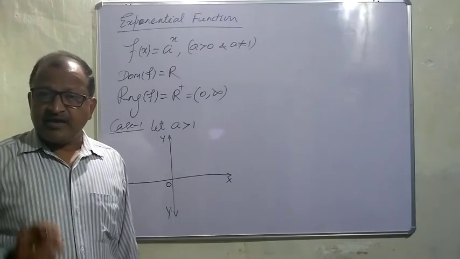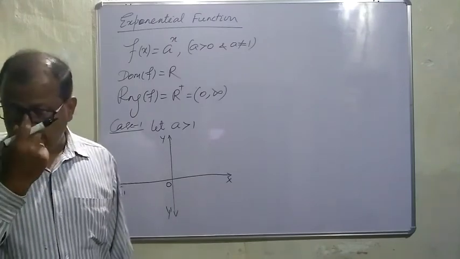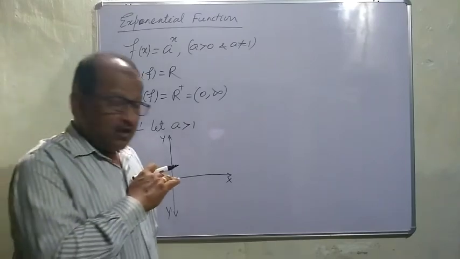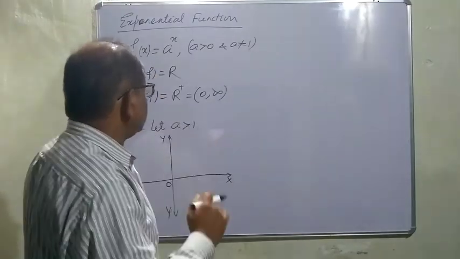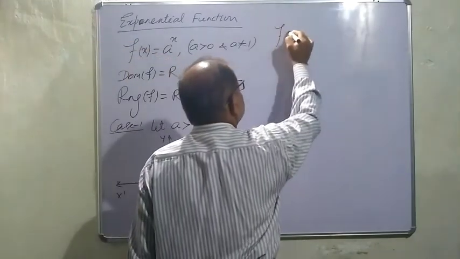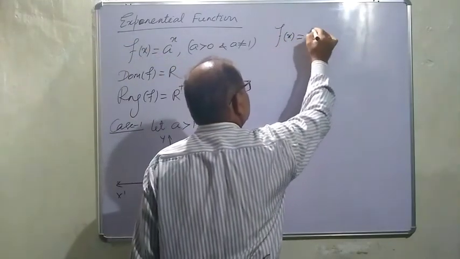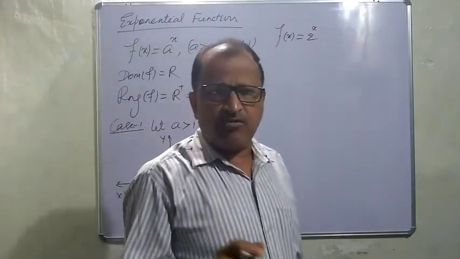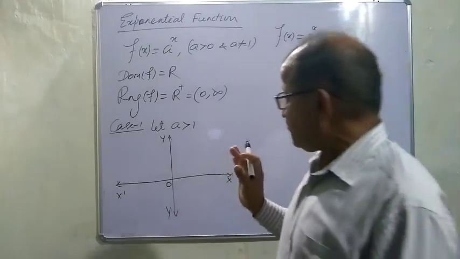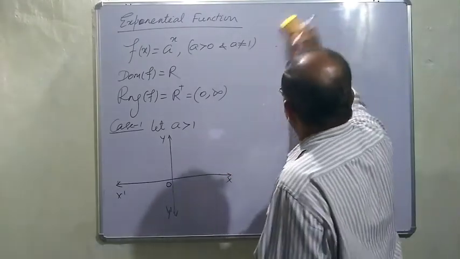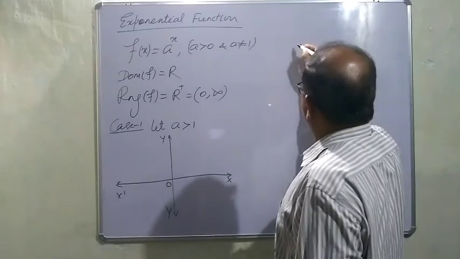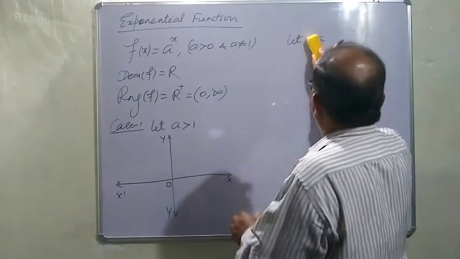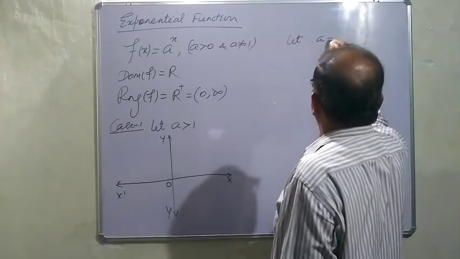For a greater than 1, it will increase, because suppose f(x) is equal to, you will take say 2 to the power x. You can draw the graph only if you get a particular function. Let a is equal to 2.